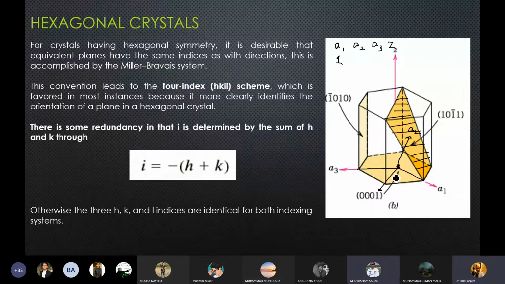It will pass below it. Absolutely. So it is not cutting, it's an infinity intercept. Is it cutting the A3 axis? Yes, sir. It will cut negative A3, right? Yes, very good. Negative 1. Is it cutting the z-axis? No, sir.